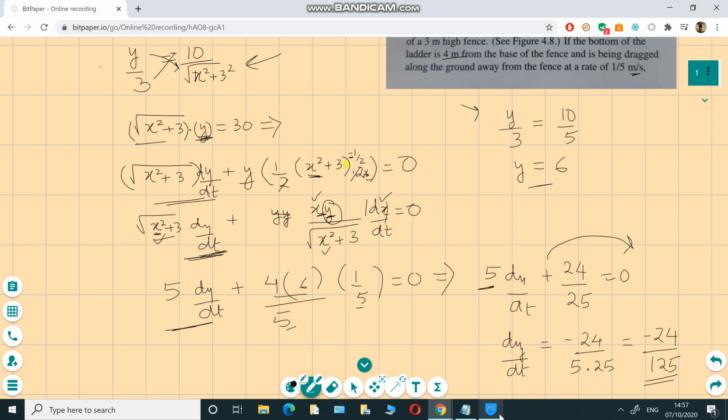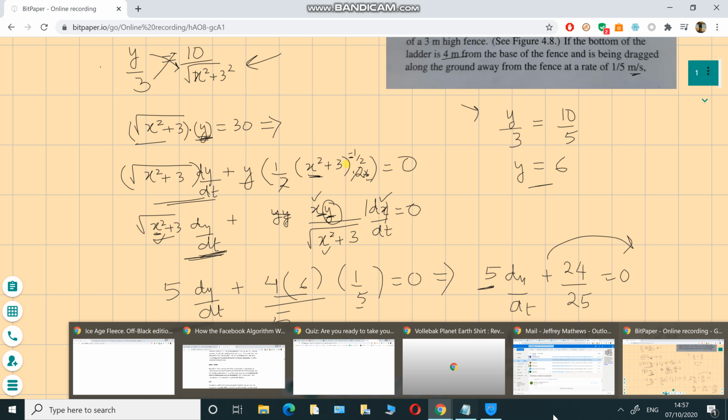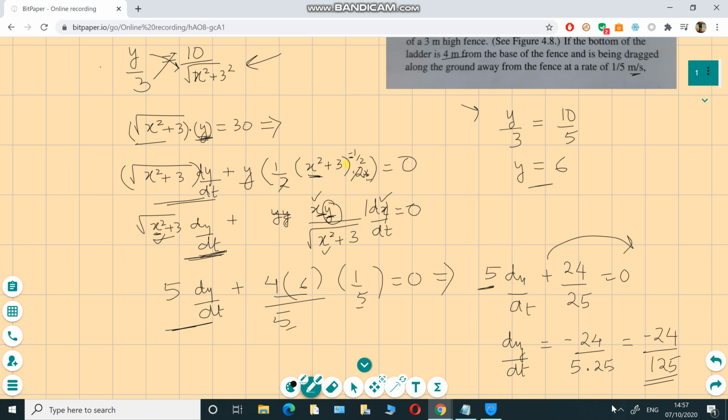I hope that makes sense. That was a little rushed to find some time. Usually I would say go over a 3-step method, but anyway, that's the solution.